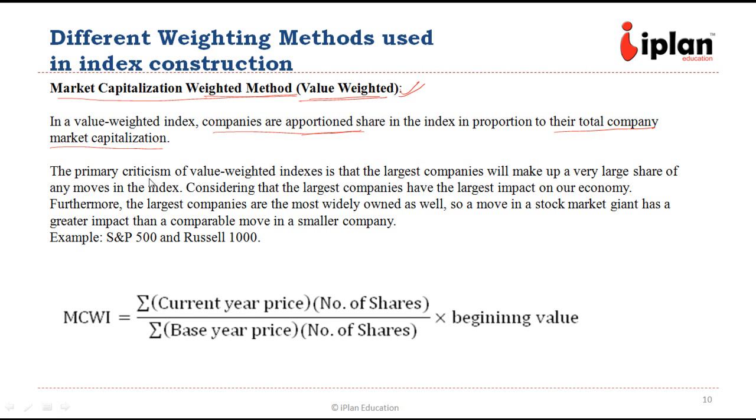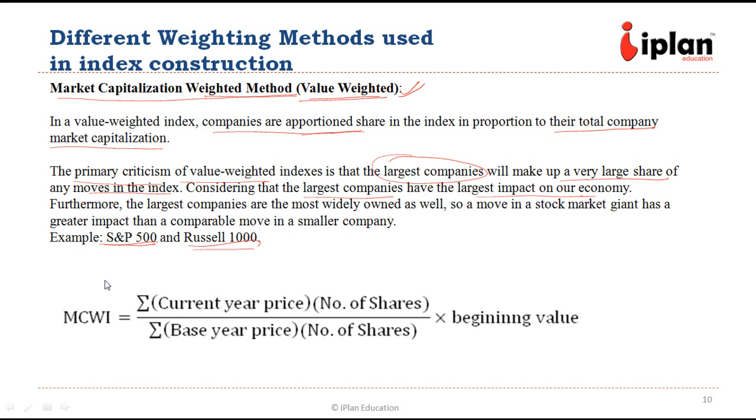The primary criticism of this index is that large companies are going to have a large impact since they have a large share in the index. But since it is believed that larger companies have a large impact on the economy, they are believed to be good representatives of the economy. The examples are the Standard and Poor 500 and the Russell 1000. These indices are based on the market capitalization weighing method.